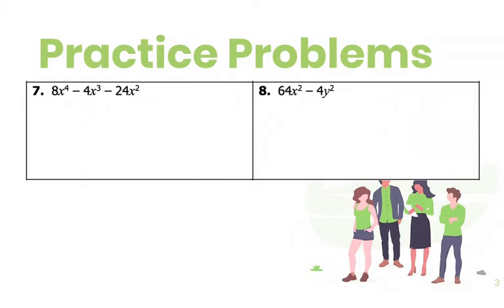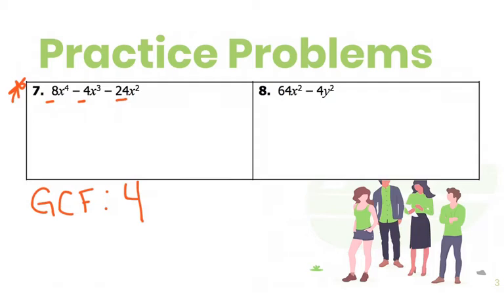In number 7 on your worksheet, again, I'm going to look for the greatest common factor first. So let me just put GCF. So between 8, 4, and 24, the biggest number that can divide into all of those is going to be 4, right?